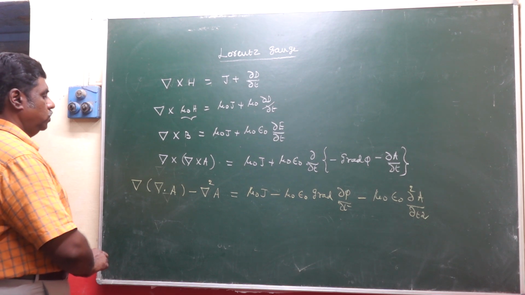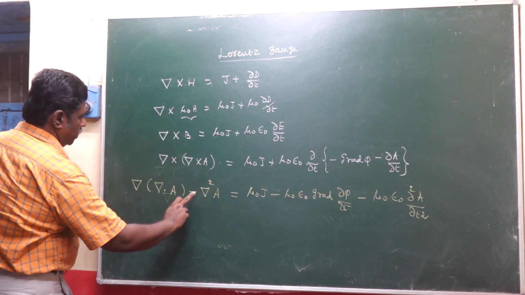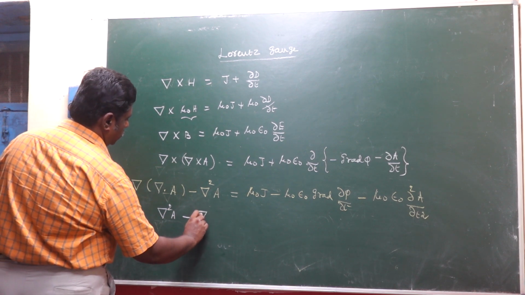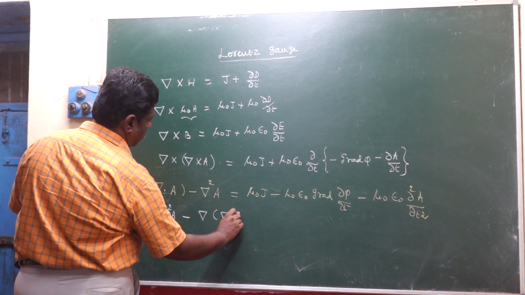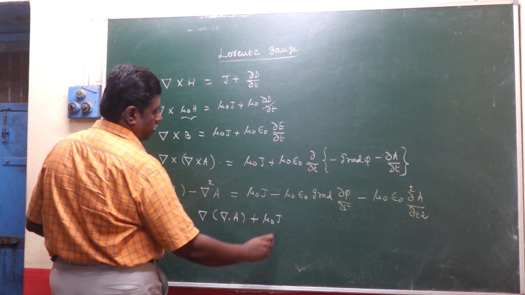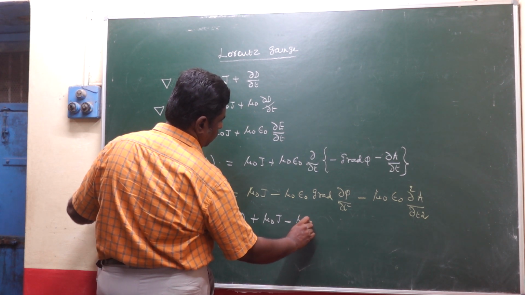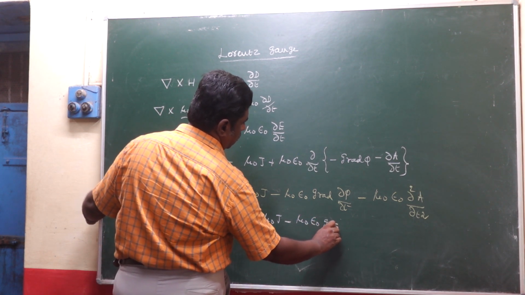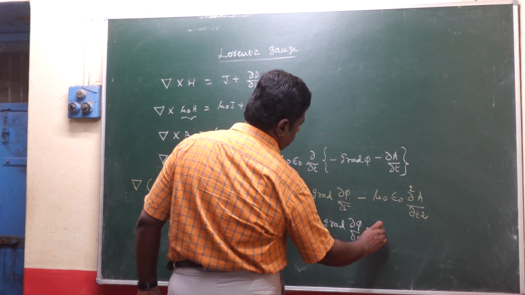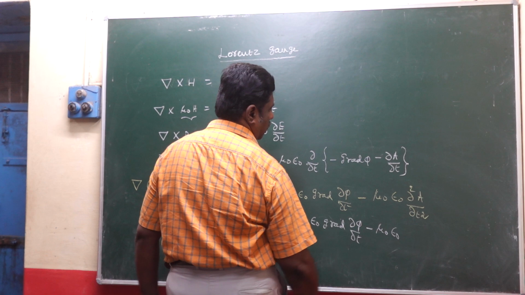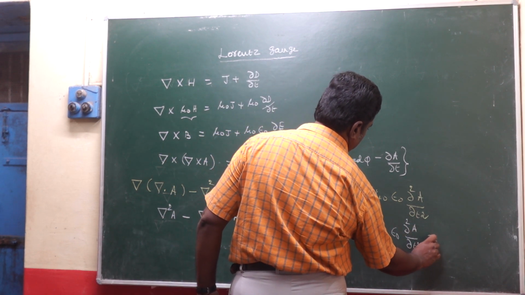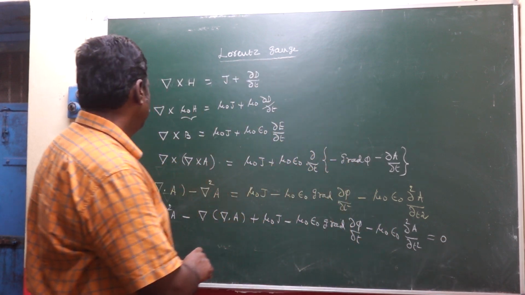Now bring all the terms to the right hand side. This is del square A minus grad of div A plus this term mu naught into J, then minus mu naught epsilon naught grad of dou phi by dou t minus mu naught epsilon naught dou square A by dou t square equal to 0.